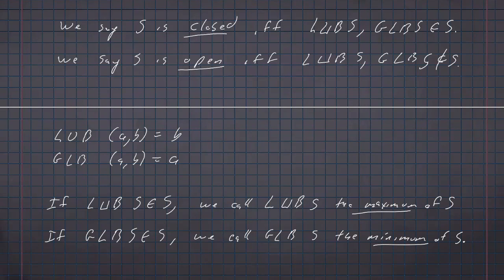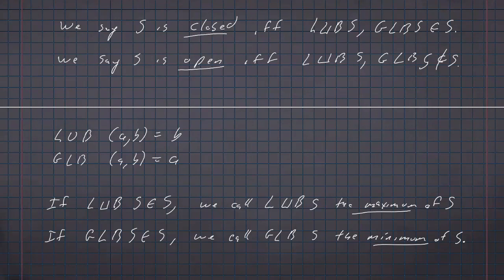In a closed set where least upper bound and greatest lower bound are in the set, we call those things the maximum and the minimum. Maximum and minimum are things that probably make a lot of sense to you as descriptions of a set of numbers. The distinction between maximum and minimum and least upper bound, greatest lower bound is that the maximum and minimum must be in the set.